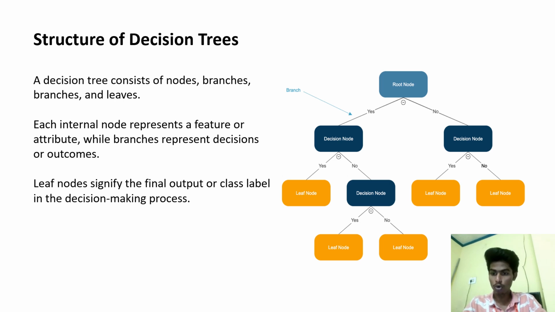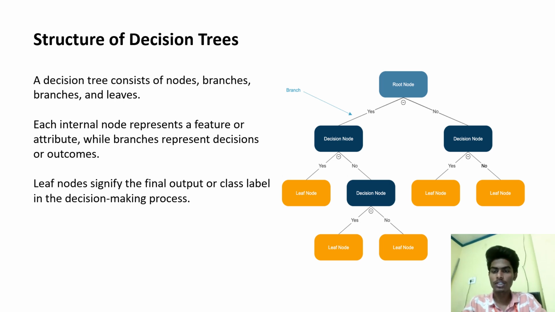If it satisfies yes, then it gives a leaf node, meaning an outcome, or otherwise it goes to another decision node. Leaf nodes signify the final output or class label in the decision making process, meaning it gives the decision through this tree.